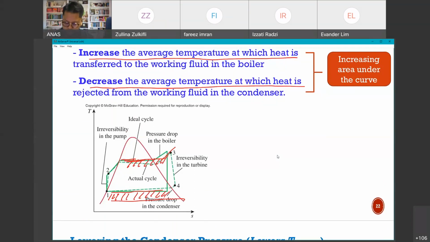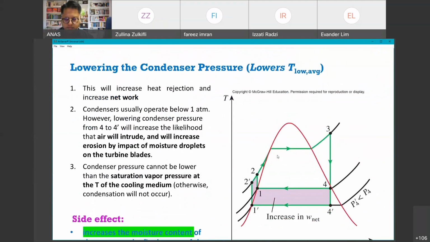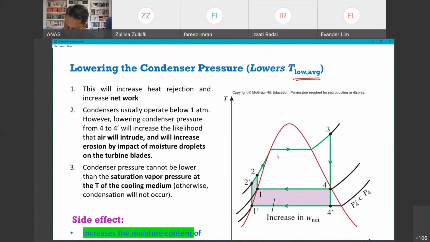Okay, so let's look at the first one, which is lowering the condenser pressure, when we lower the T low average. Let's look at the points. This will increase the heat rejection and increase net work. Because if you look over here, point 4 is the original position. 4 prime and 1 prime is what happened when we lower the pressure.